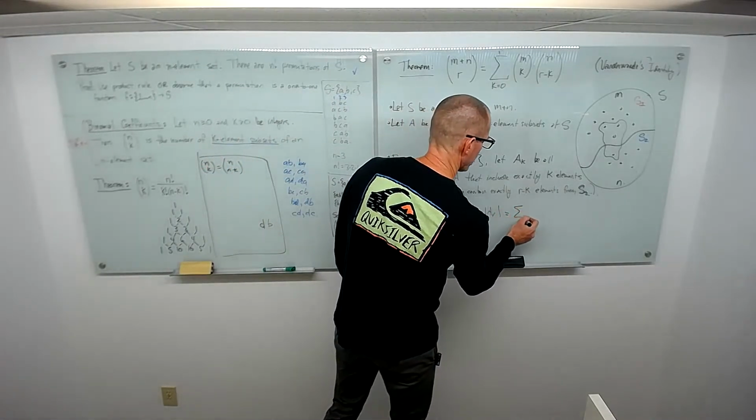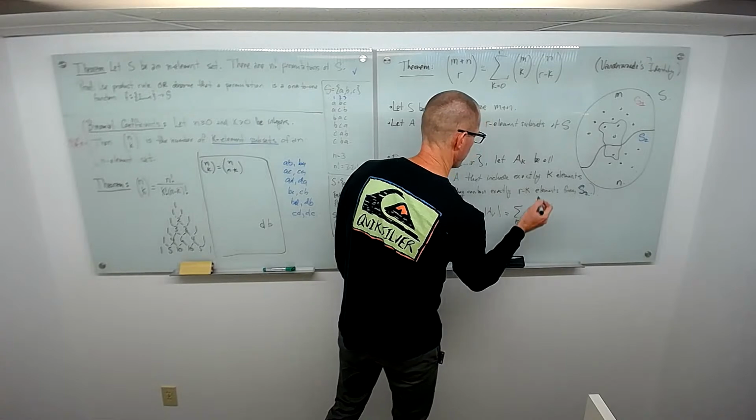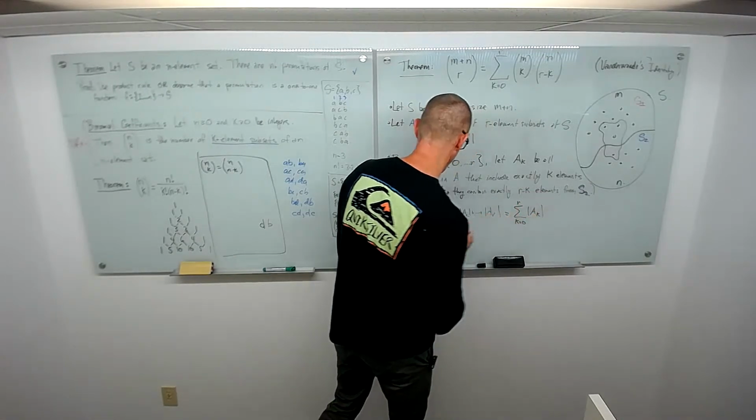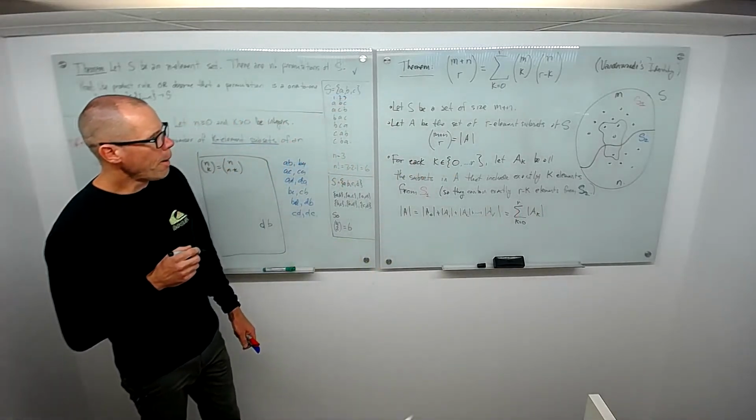Easier to write that more concisely: the sum for K equals 0 to R of the size of AK.